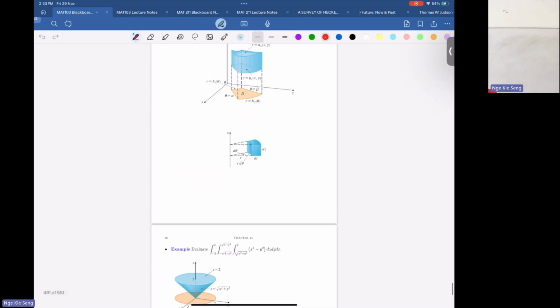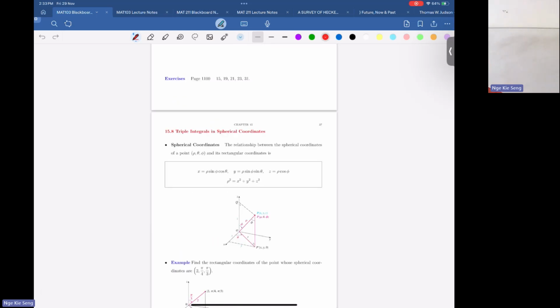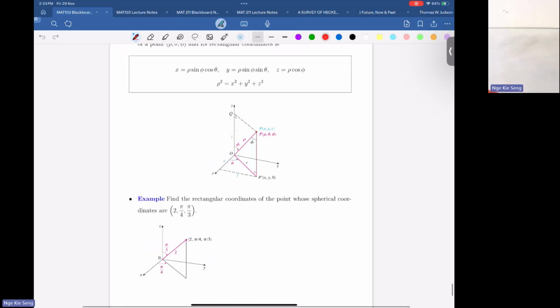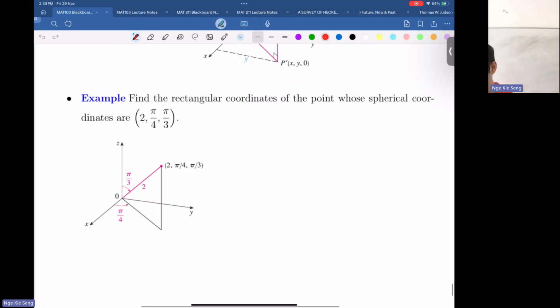Let's do one exercise on spherical coordinates. That one is a bit trickier. So let's try this question here. If I gave you a spherical coordinate, can you find the rectangular coordinate?